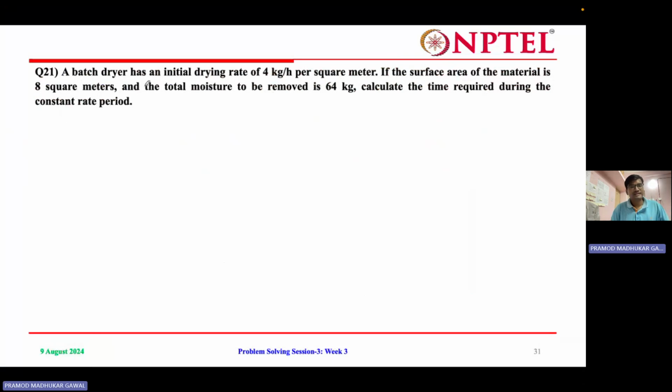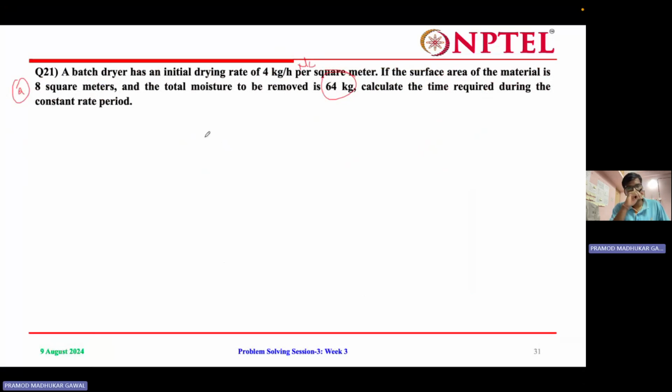Question number 21. A batch dryer has an initial drying rate of 4 kg per hour per square meter, that's the Nc. If the surface area of the material is 8 square meters, this is the A, and the total moisture to be removed is 64 kg, calculate the time required during the constant rate period.